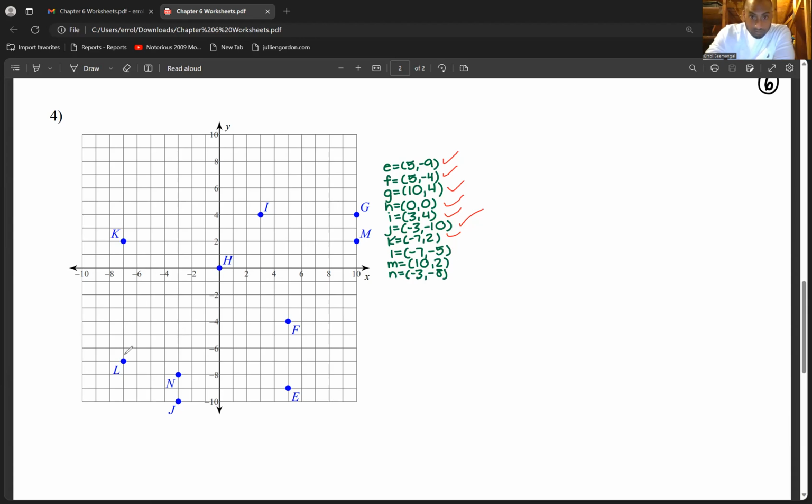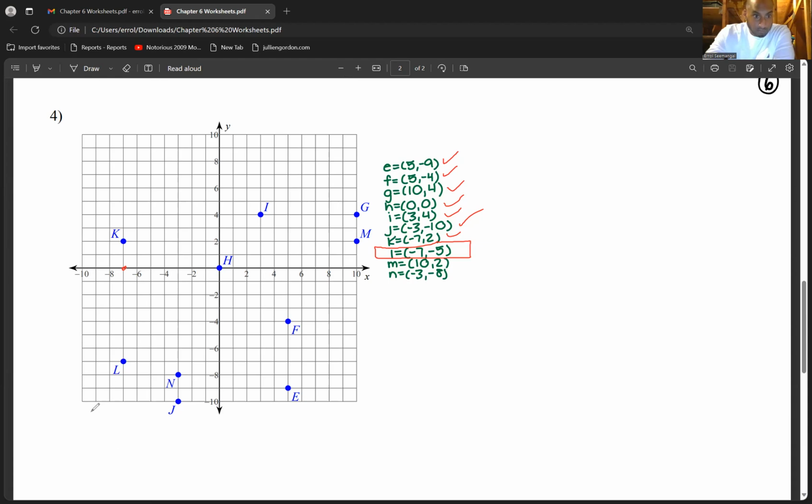-7. Oh no, that's L. Yeah, that -7 is right here. L should be right here. That one says (-7, -5), right? -7 is right there. What coordinate is this one right here? Not the letter, the coordinate.